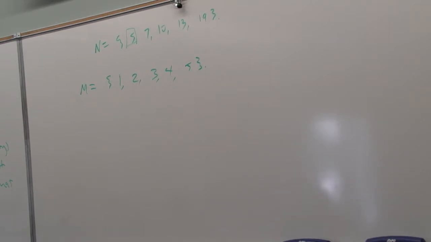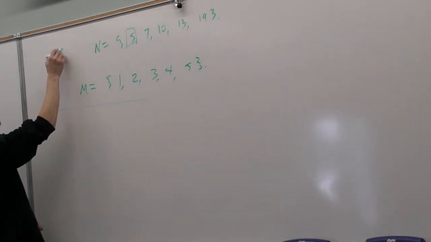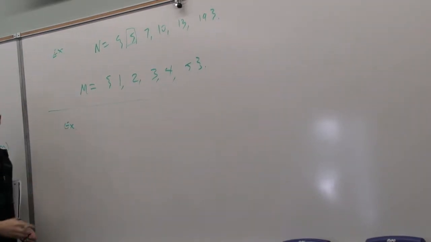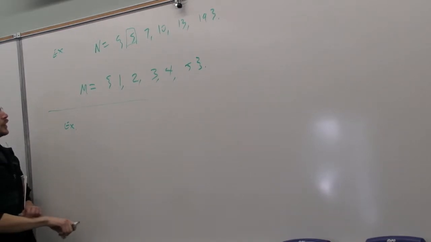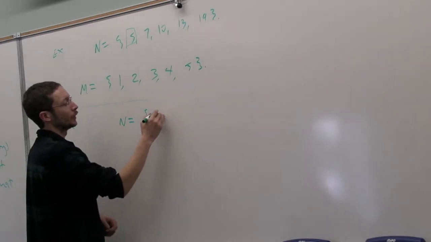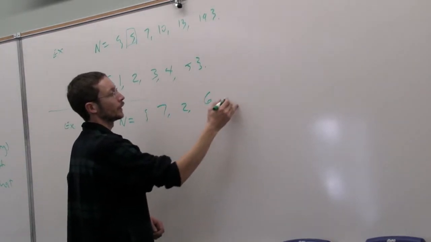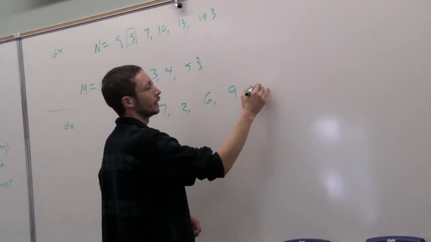Let's do another, just for fun. What if we had the set N equal to 7, 2, 6, 9, and 15?